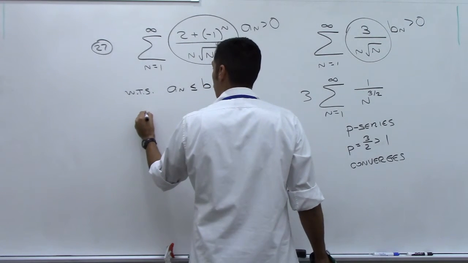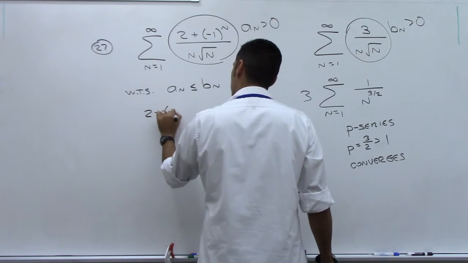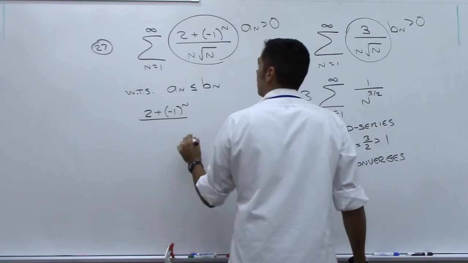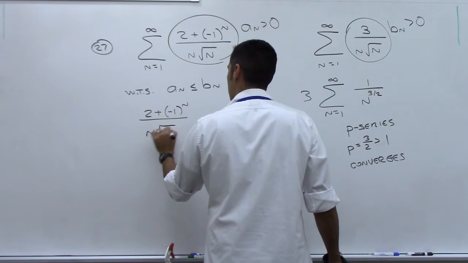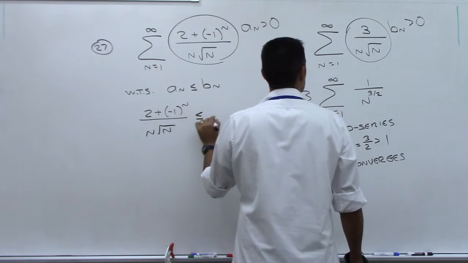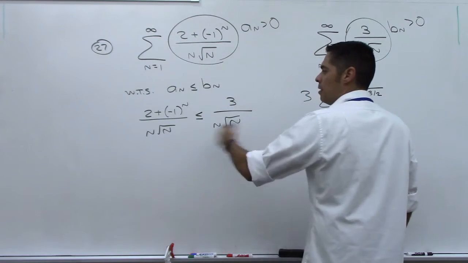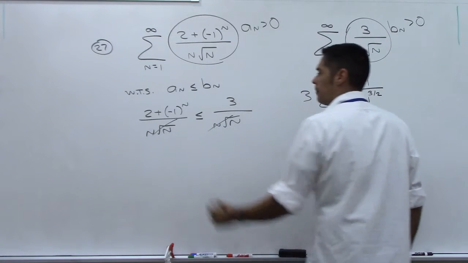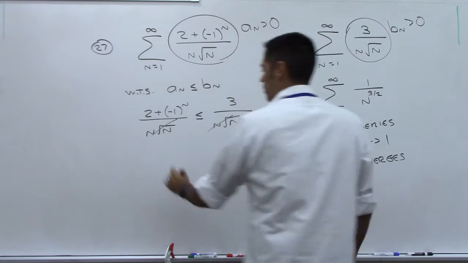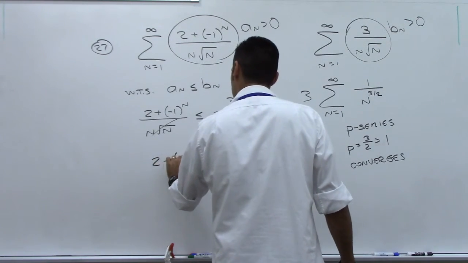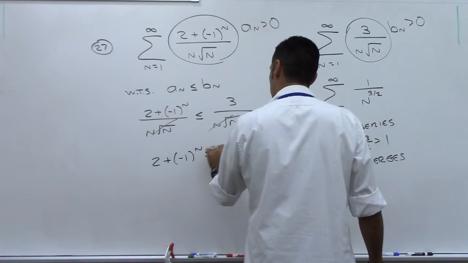So I need to show that 2 plus negative 1 to the n over n root n is less than or equal to 3 over n root n. Multiply both sides by n root n, they're gone. And then we'll have 2 plus negative 1 to the n less than or equal to 3.